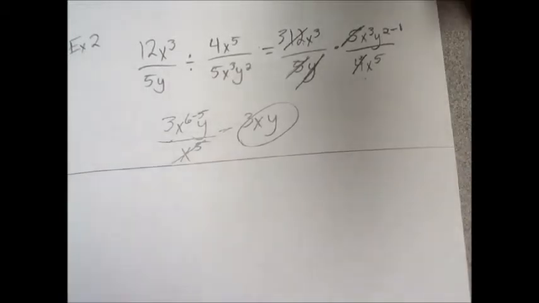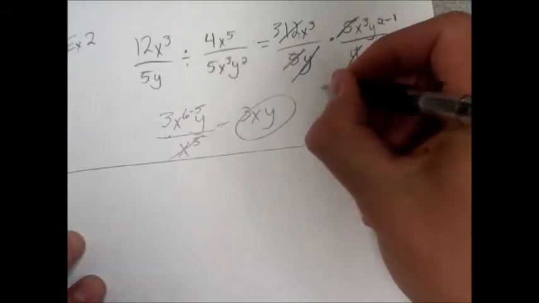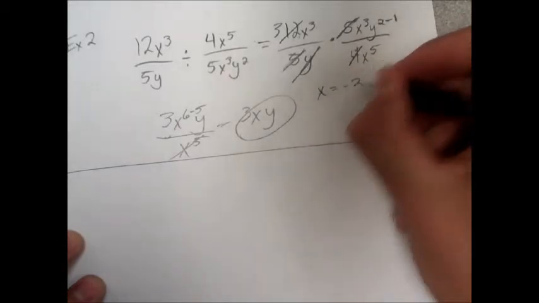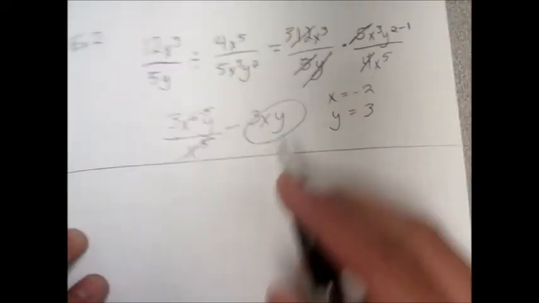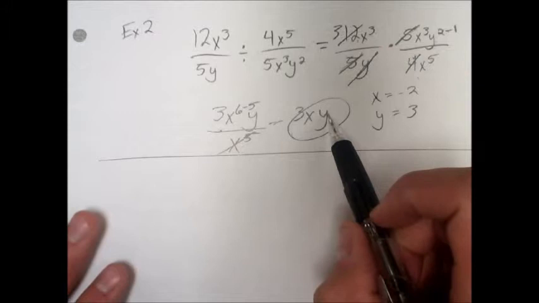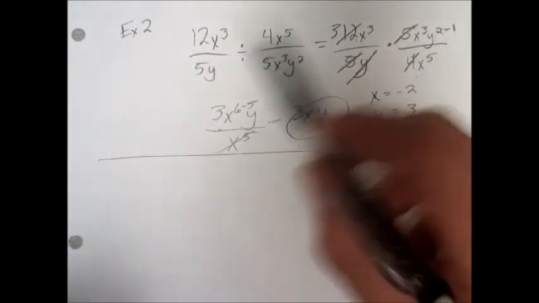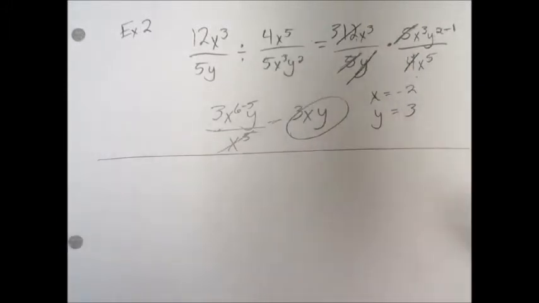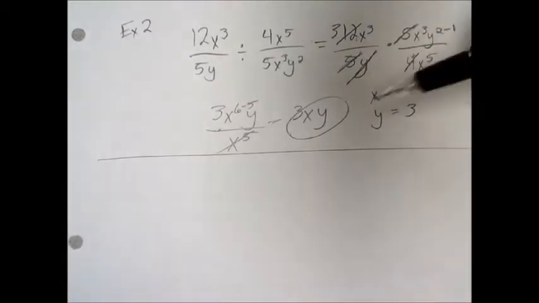Okay. Now, if it asks you to evaluate it at a certain number, which this one does, it says x equals -2 and y equals 3, it's easier to simplify it, then evaluate it, than to plug all these into these different spots and then evaluate it. Because if you mess up one number, your whole thing goes wrong.